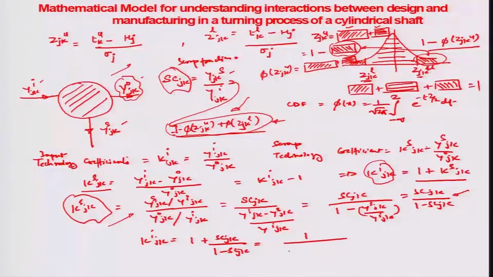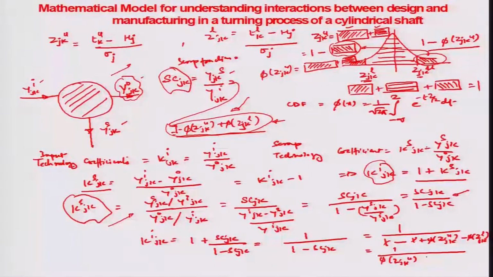In other words, it is 1 divided by 1 minus S c j k, which is equal to 1 by 1 minus 1 plus phi of z j k u minus phi of z j k l. Okay. In other words, it is 1 divided by phi of z j k u minus phi of z j k l. So, that is how you represent everything in terms of what you obtain from the normal distribution, including the k s and the k I.